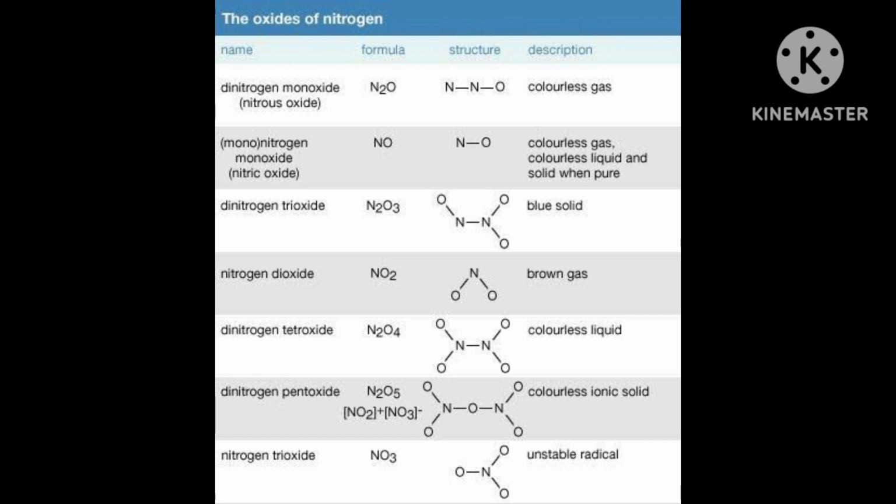Then you will get Fe2(SO4)3 plus 2NaHSO4 plus 2H2O plus 2NO, which means 4 products. 3 reactants are required and the reaction gives 4 products.